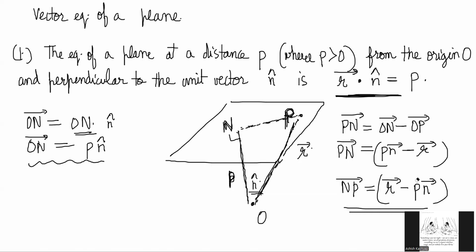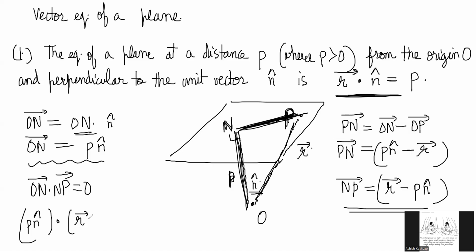Actually, I should draw a hat here because it's a unit vector. n is a unit vector, right? I know that this NP is a vector in the plane and ON is perpendicular to the plane. Therefore, ON dot NP should be 0, right? So I can write now p n hat dot (r minus p n hat) should be equal to 0, right?